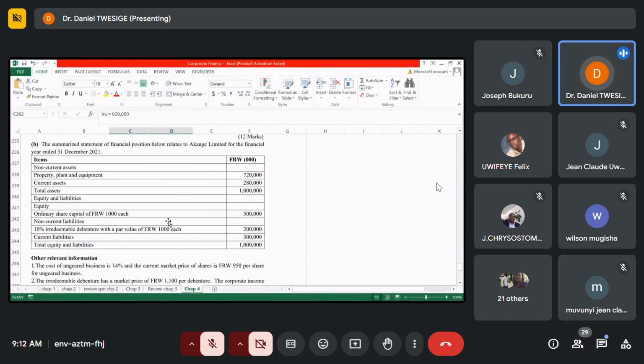This is our ordinary share capital. This is the debt, irredeemable. Automatically, by having a debt, this business is geared. It is a geared business because we have a debt.